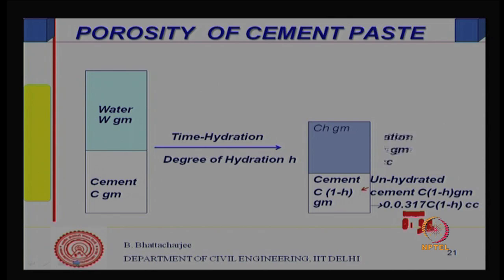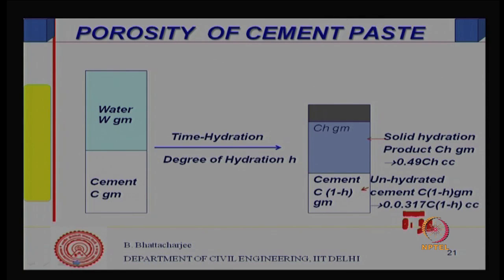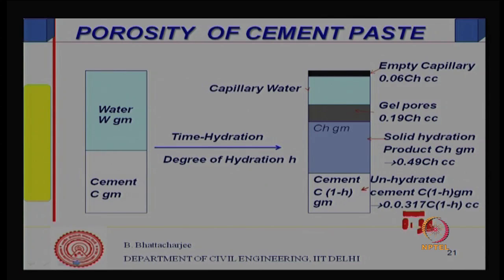Then there is the solid hydration product, which is 0.49 CH cc, as we have seen. The corresponding gel pores are 0.19 CH cc. Some space of water still not filled by material remains as capillaries; we can call it capillary water. And empty capillaries will be like this. This sums up whatever we have discussed.